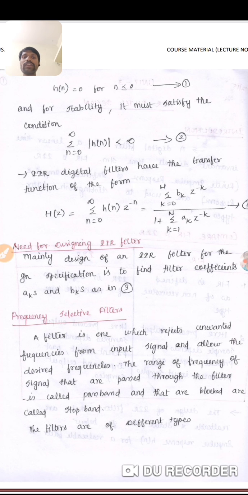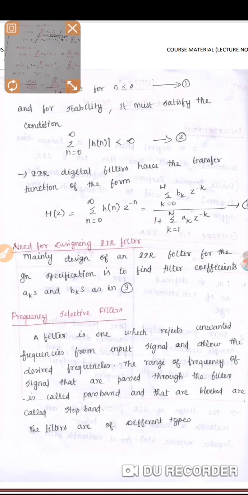Next, we want to know the transfer function of the system. The transfer function of the digital filter, or system function, is given by h of z, which can be found from the difference equation.